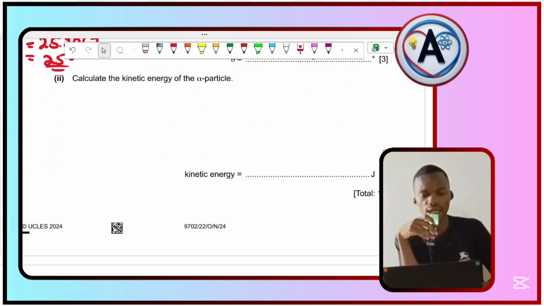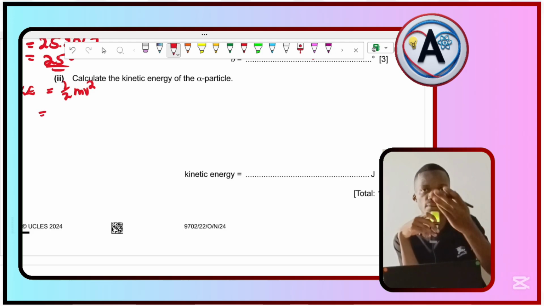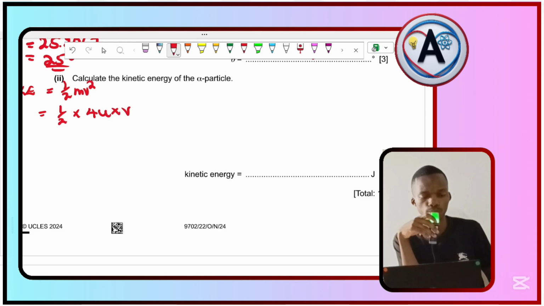The last question, kinetic energy of the alpha particle. I know that kinetic energy is actually 1/2 mv squared, right? So what's the mass of an alpha particle? We talked about this. 1/2 times 4u times v squared. So we have 1/2 times 4. I know what u is, times 1.66 times 10 to the power of negative 27.